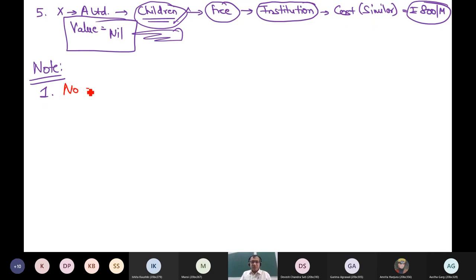No exemption if education is not free. Even if rupee 1 is charged from the employee, then no exemption of 1,000 will be available.